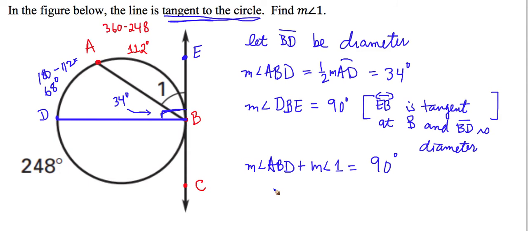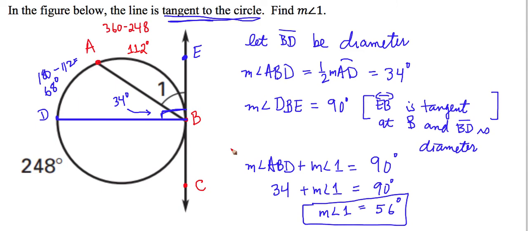And now we can make our substitution. This is 34 plus the measure of angle 1, which is equal to 90 degrees. Therefore, the measure of angle 1 must be 90 minus 34, or 56. Now, as an extension on this problem, let's look at angle 2 here.